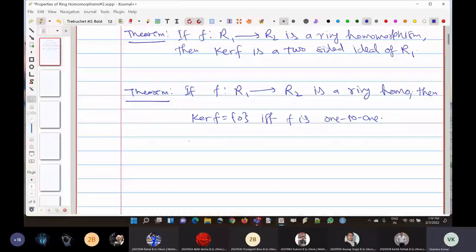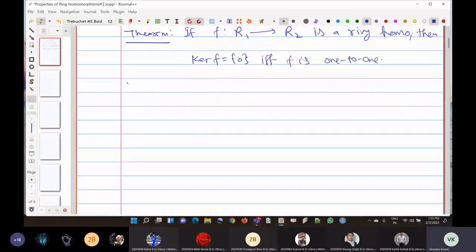So this is the condition when f is 1-1. Let us see the proof.